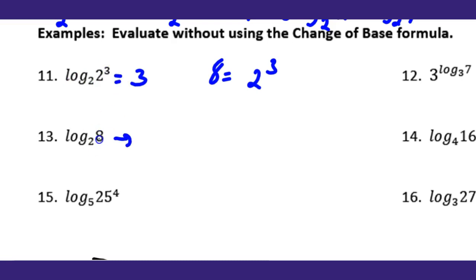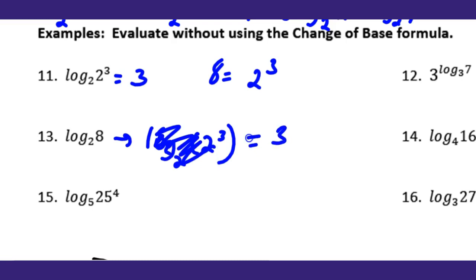So I'm going to rewrite 8 as 2 cubed. That's 8, it's just substitution. So now we have the same scenario where the exponent undoes the log. So the answer is 3.